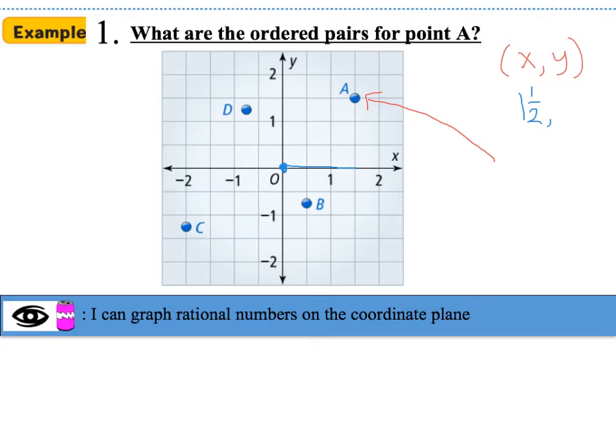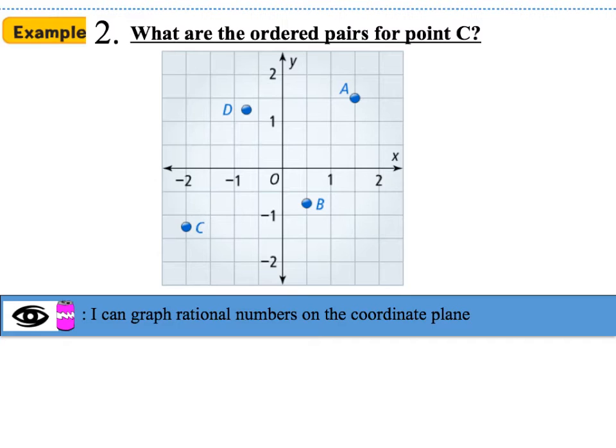So I'm going to start where I left off on my x-axis and go up. Here's a half, here's 1 whole, here's 1.5. So my y coordinate would be 1.5. So together, point A, the ordered pair would be 1.5, 1.5.